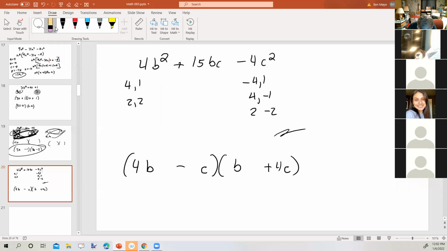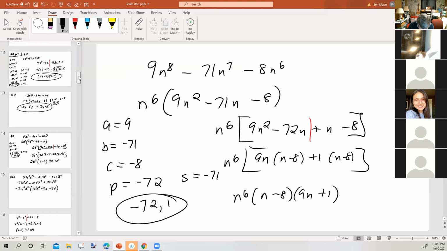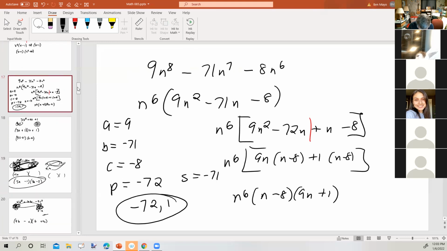I'm going to take 4 times 1, and then the 1 times the negative 4. 4 plus negative 4 is 0. That's not going to work. I take 4 times 4 is 16. 1 times negative 1 is negative 1. 16 plus negative 1 is 15. Bingo. But if it didn't work, then I'd go on and take 4 times negative 1 and 1 times 4. So I'm trying all the different combinations without literally writing them all out like I had to do.